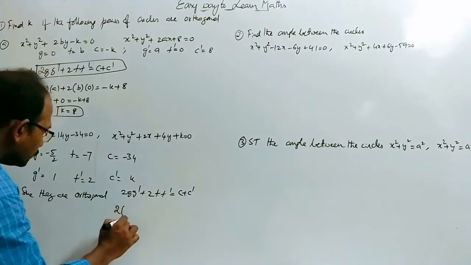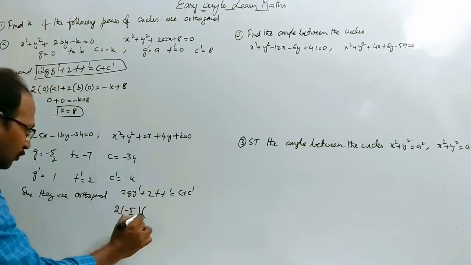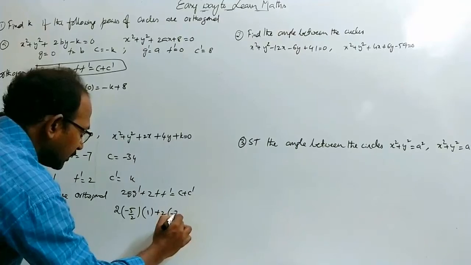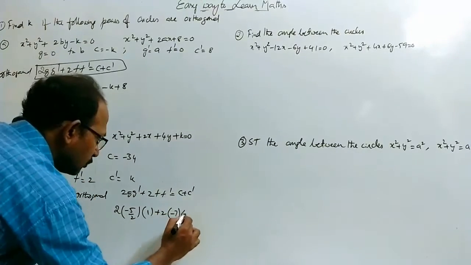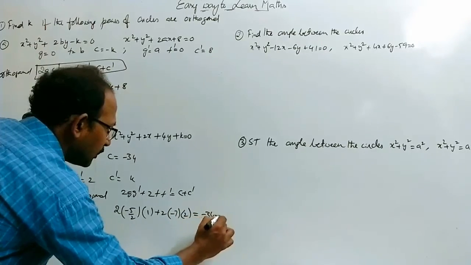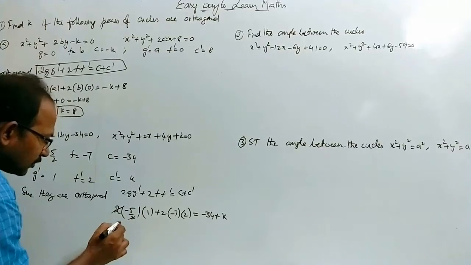then 2GG dash plus 2FF dash is equal to C plus C dash. Therefore 2 into G, minus 5 by 2, into G dash 1, plus 2 into F, minus 7, into F dash 2, is equal to C, here minus 34, plus C dash K. Now let us simplify. 2 to cancel it.